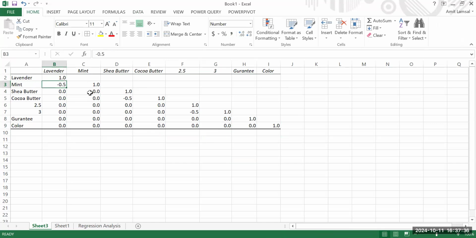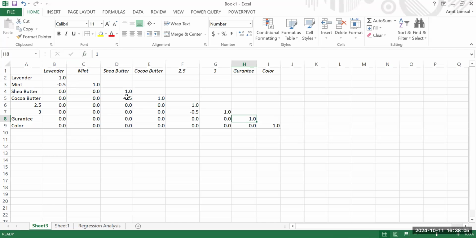Likewise, mint with mint will have a perfect correlation because they are the same. So you can see a diagonal going through the cells, and each of them has a 1. This means the relationship between lavender and lavender, mint and mint, shea butter and shea butter, cocoa butter and cocoa butter, price 2.5 with 2.5, 3 with 3, and guarantee, color and color.